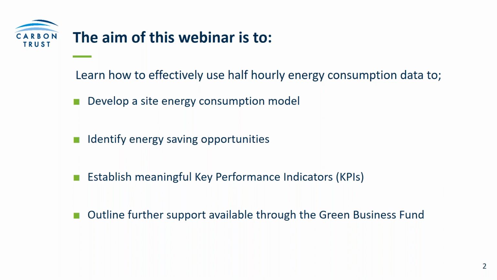We'll take a quick look at some key performance indicators which are useful for cross comparison, whether that be process lines or indeed in whatever sector you're in. That'll also give you an indication as to how efficient a process you're running, and that at the end will outline how you can obtain some further support from the Carbon Trust.